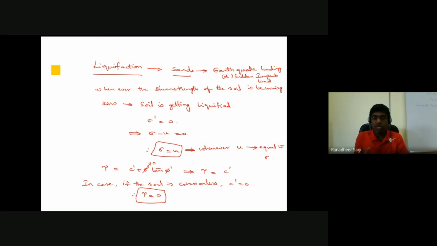Why? Once the soil becomes like a liquid, the liquid material will not stay below the ground, because the soil above the liquid zone will start moving in the downward direction. This liquid starts getting pumped out of the ground, and the structure which is at the ground surface will no more remain there.